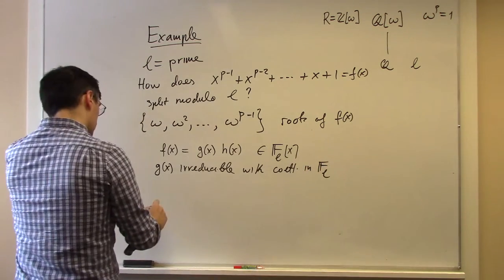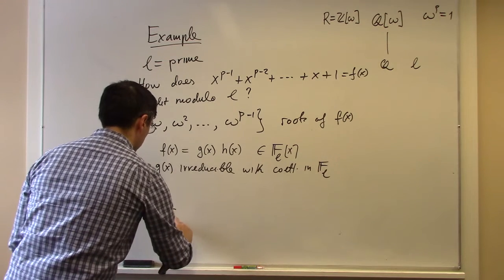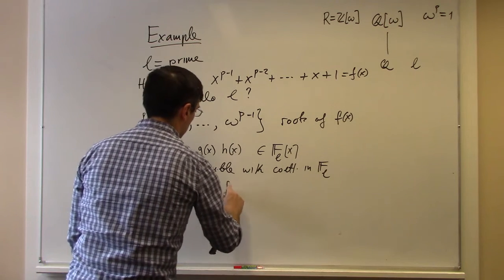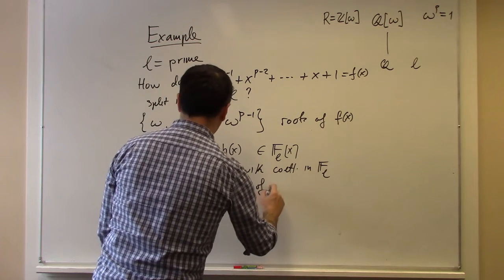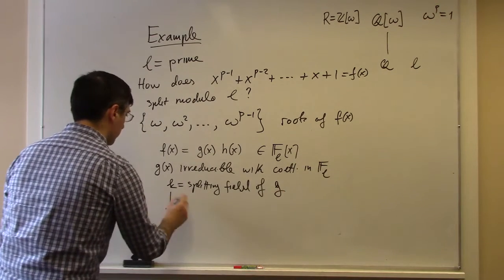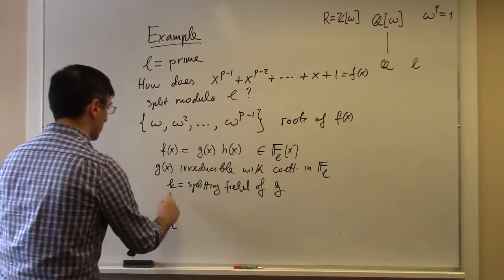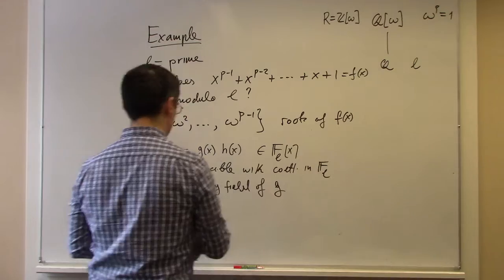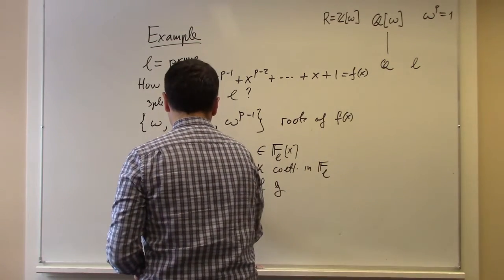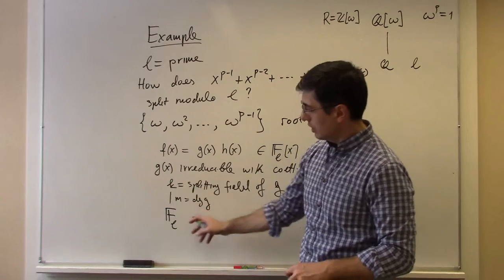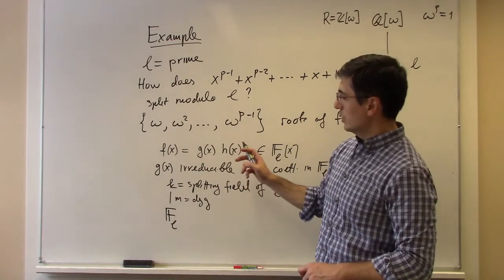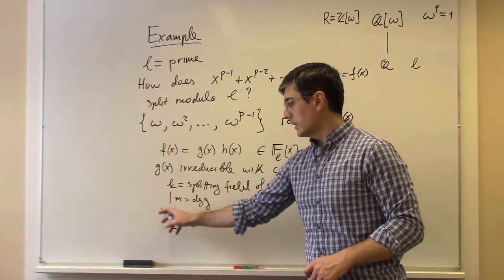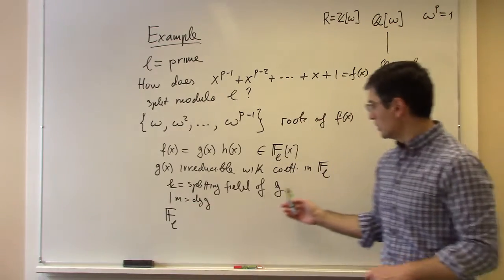And then you have this F_L and you have this K, the splitting field of g, whose degree is the degree of g. But the Galois group is generated by the Frobenius, so the smallest field that is fixed by the Frobenius is this F_L.